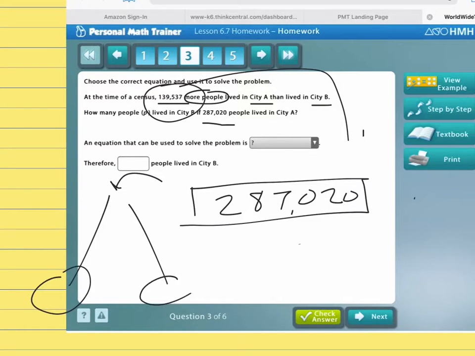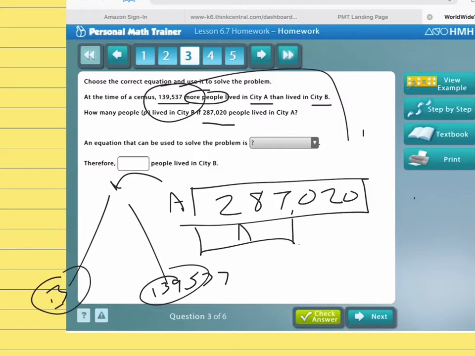You know that there is 139,537 more people in City A than City B, so this must be City B. So B plus 139,537 will equal the total, which is 287,000. So I'm going to put that there. So this is going to be City A here. City A is right here.